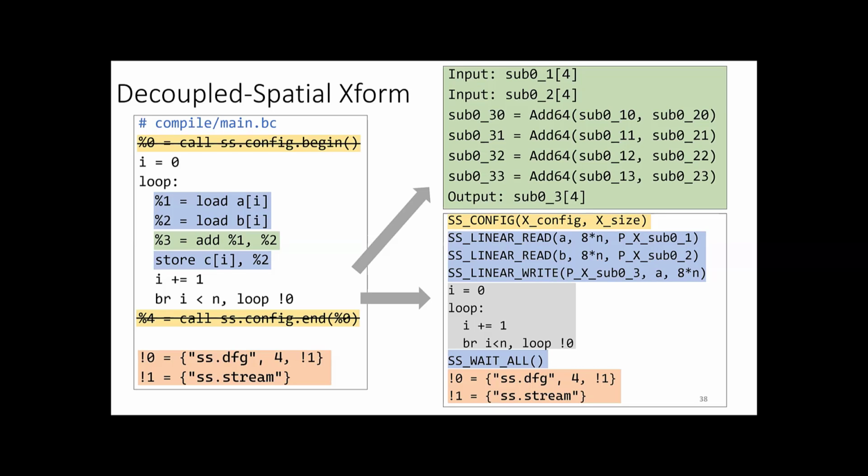And all the instructions in the loop will be removed, as you can see in the gray region, which makes an empty loop. This empty loop should be optimized out, so we invoke a generic optimization to clean this loop up, as well as its metadata in the red region.